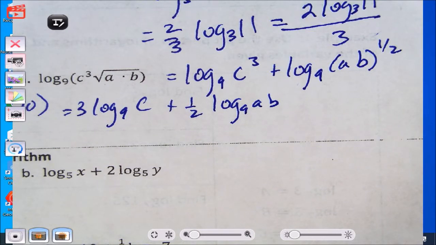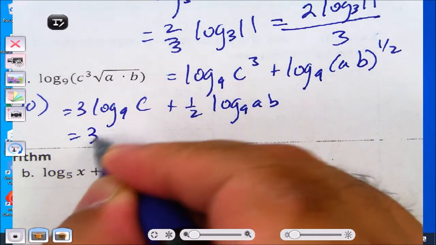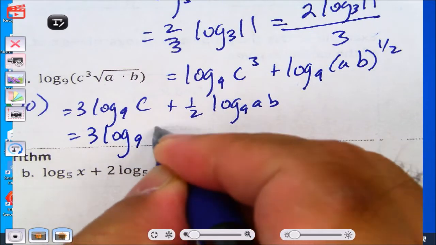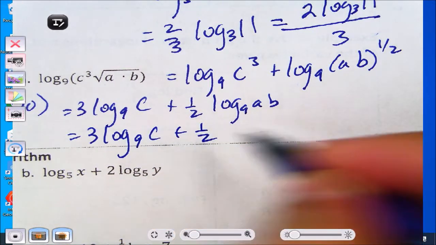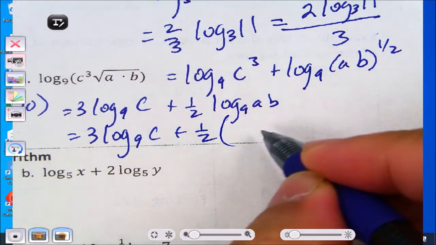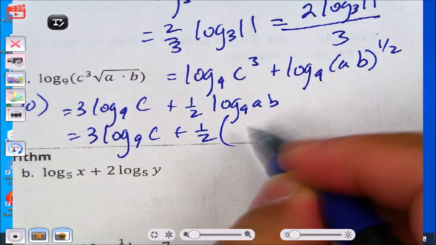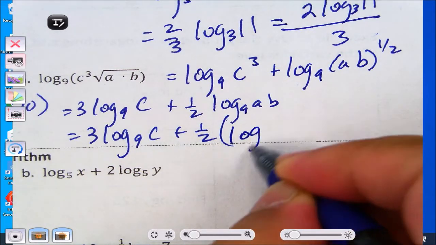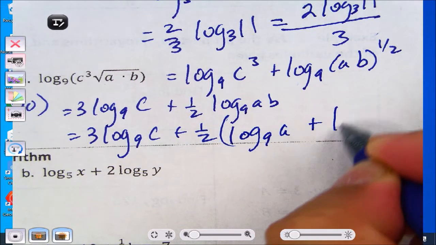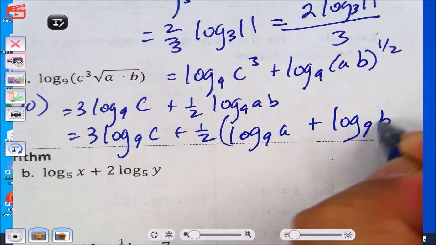Good job. Because you got the A and B. The AB. Good job. Wrong. So I'm going to need parentheses because that 1/2 has to cover both of them that's coming out. So it's log base 9 of A plus log base 9 of B.